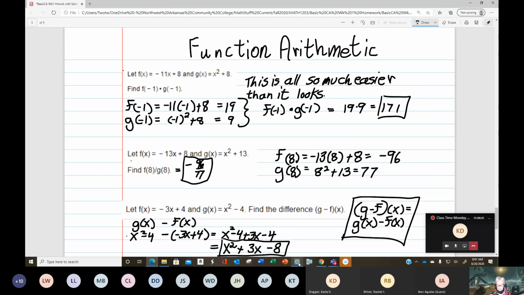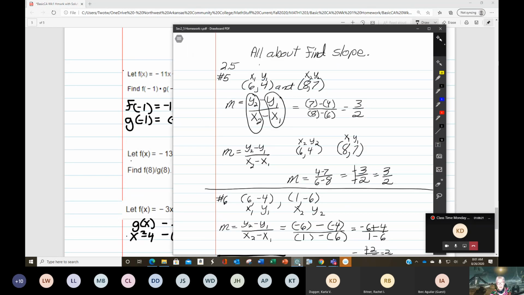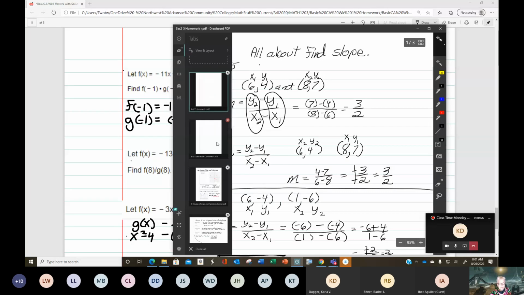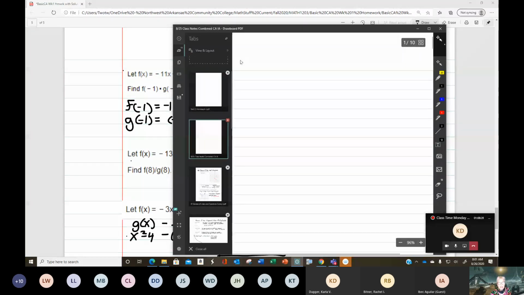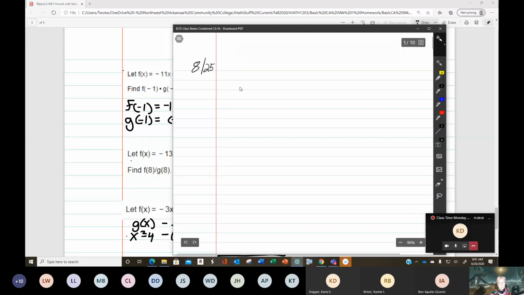I thought that probably the best thing to do would be to go to a blank sheet and change the date. And we're going to talk about function arithmetic.